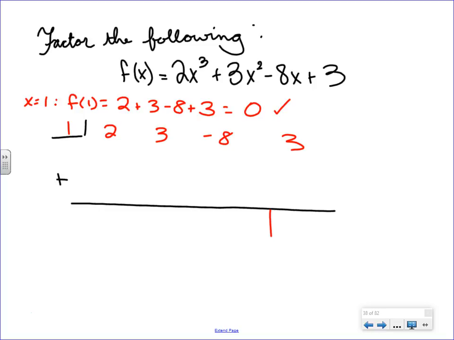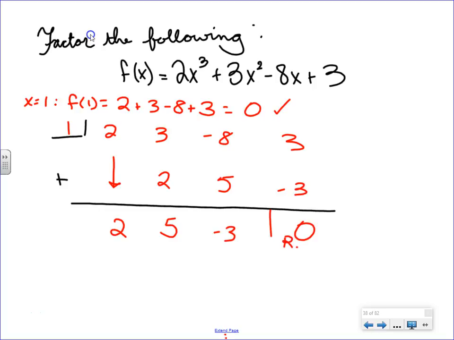So now you have x minus 1 as one part of the factor. You know what I mean? I got you.